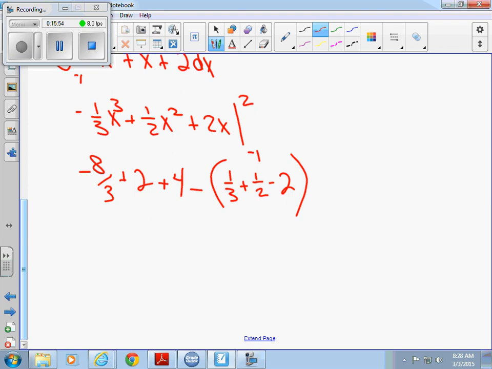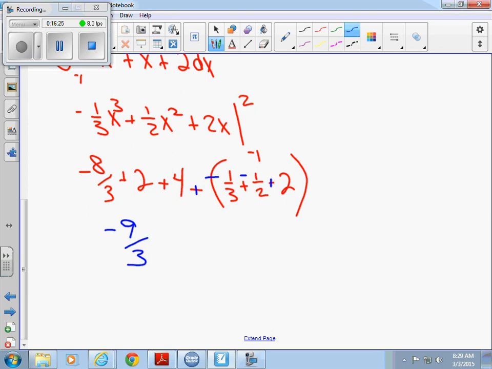I got a second one right here. Yes, so I got -3. The -1 plugged in gives you a -1, because -1 cubed is still -1. Change all those signs. It works out really nice because -8/3 minus 1/3 is -9/3, which I think is nice.